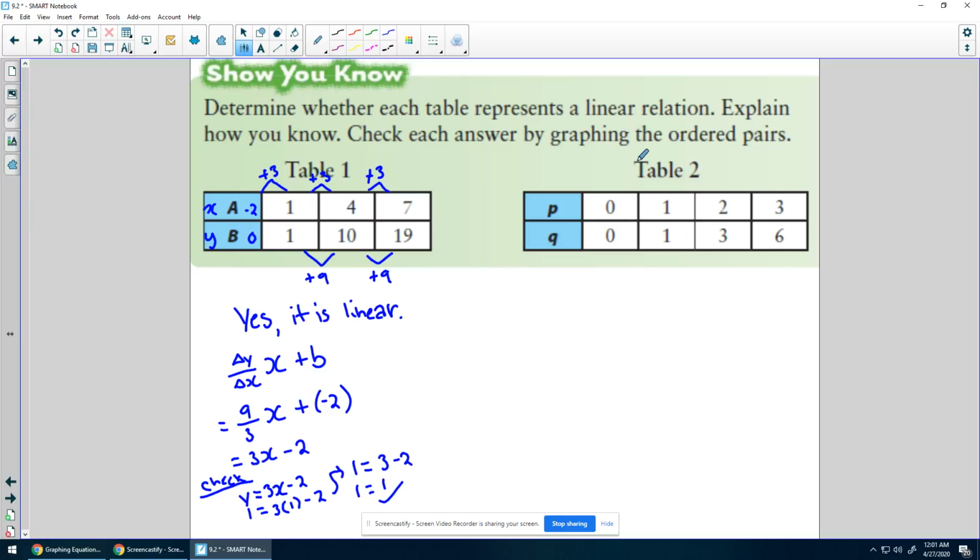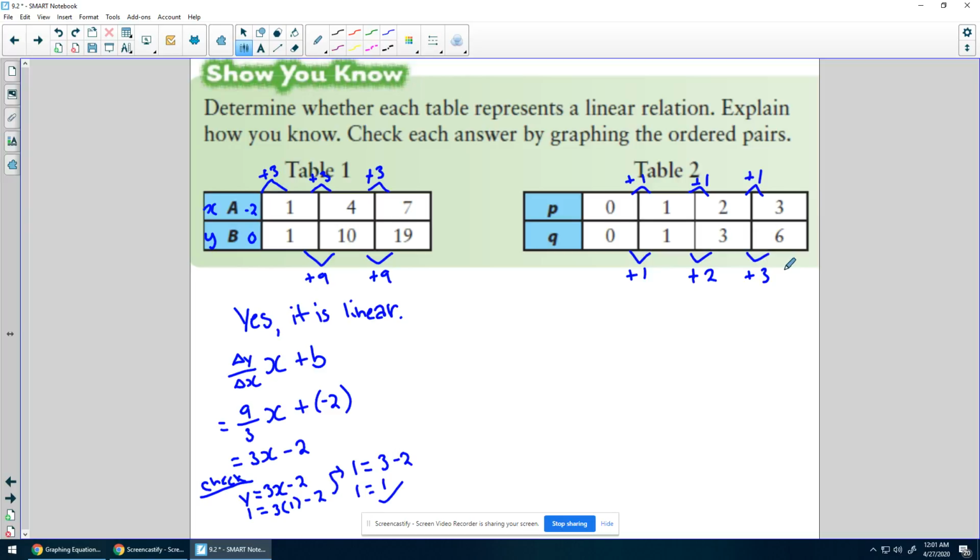Okay, this next one. We're going up by 1, 1, 1. This is going up by 1, 2. Oh, right away. Is that table going to represent a linear relation?